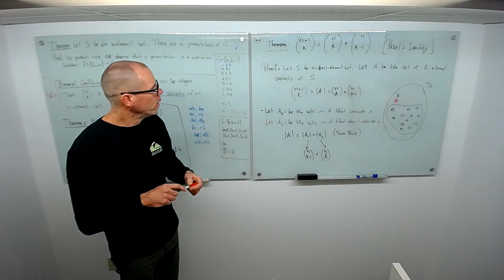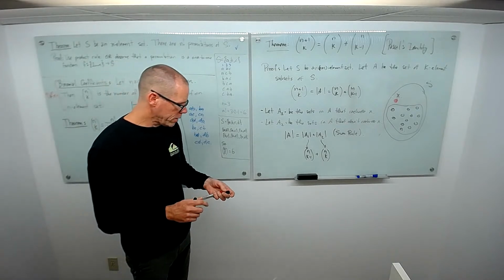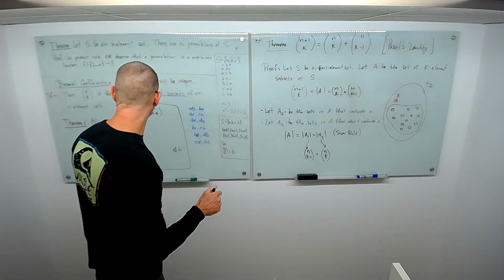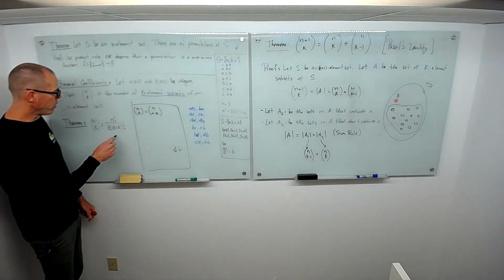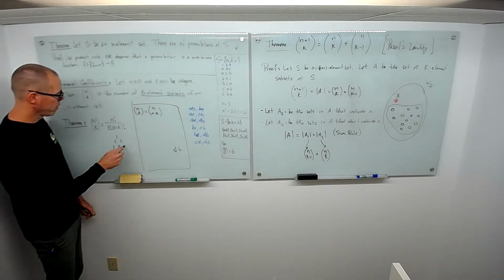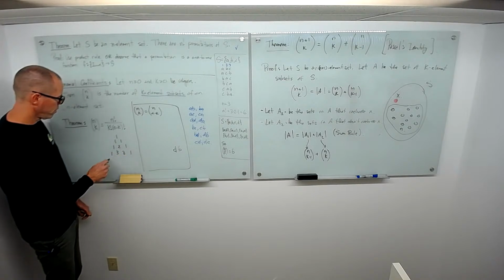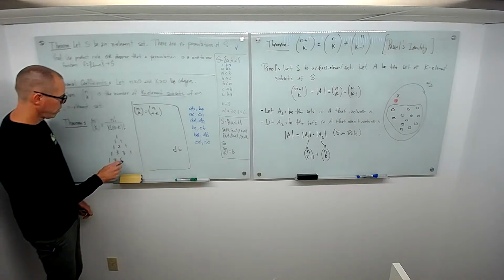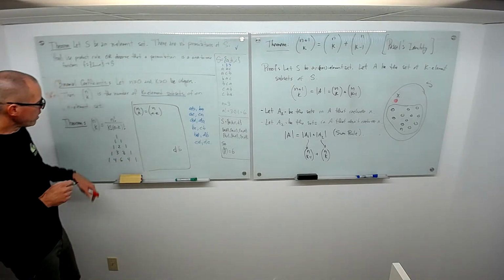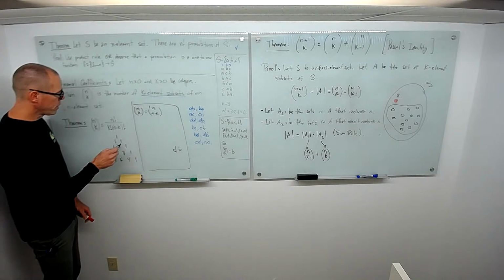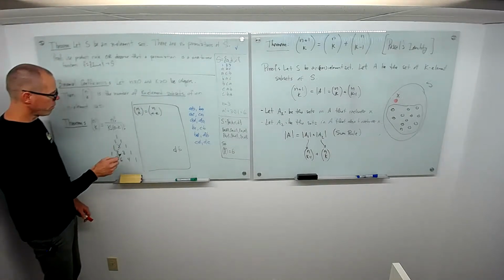So that's a nice one, and it's the basis of Pascal's triangle. Pascal's triangle is a compact way of writing out the binomial coefficients. It looks like this. Where are these numbers coming from? Well, this 2 is the sum of these two 1s. This 3 is the sum of this 1 and this 2.